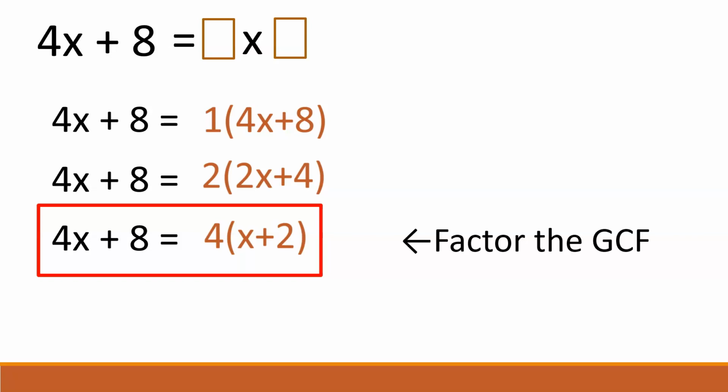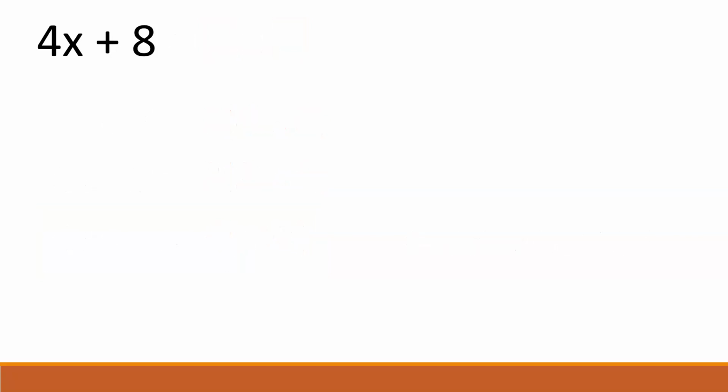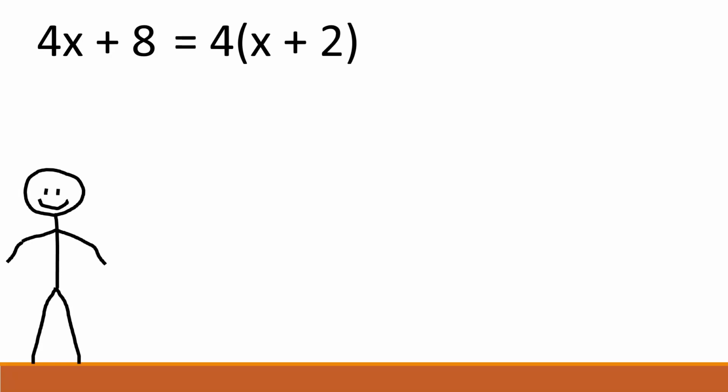And that's because 4 is the greatest common factor of both 4x and 8. So taking an expression like 4x plus 8 and writing it as 4 times the quantity x plus 2 is just factoring out the greatest common factor. Make sense? Okay, then let's try one more.